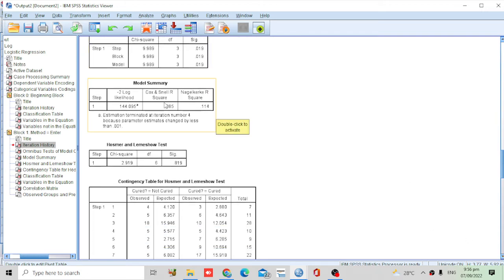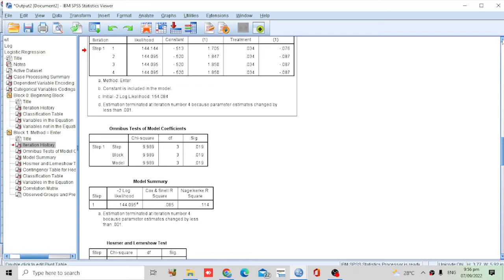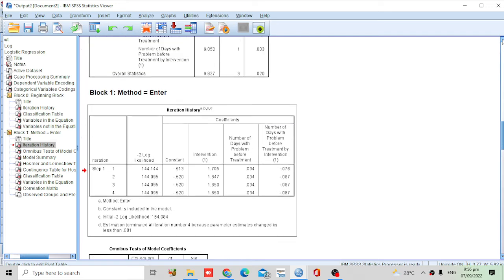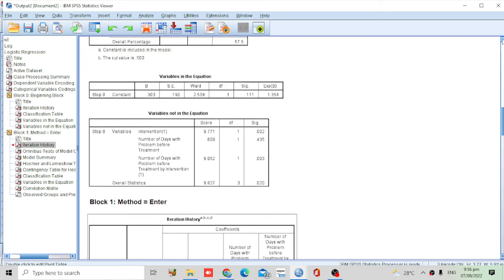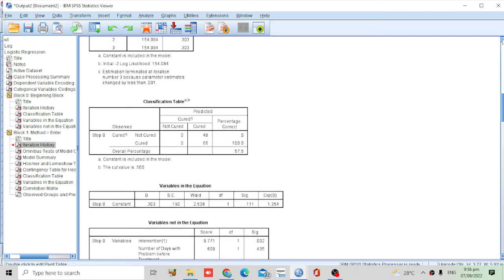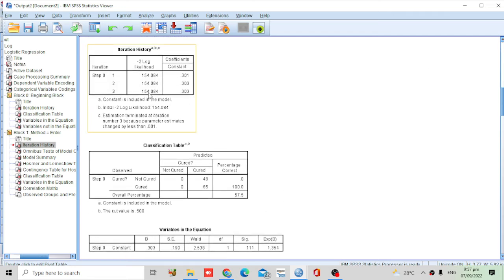For our model summary, just what I mentioned, our negative 2 log likelihood is 144.095, which is smaller than the previous one, which is 154.084.